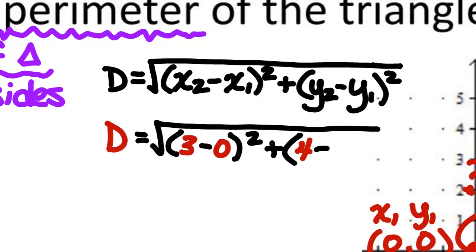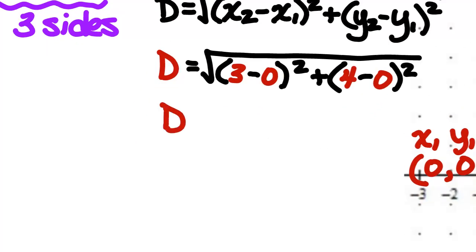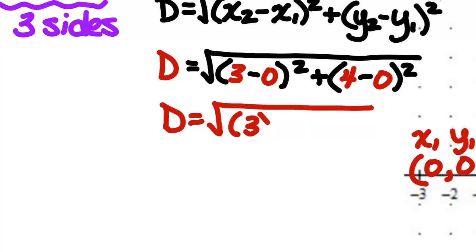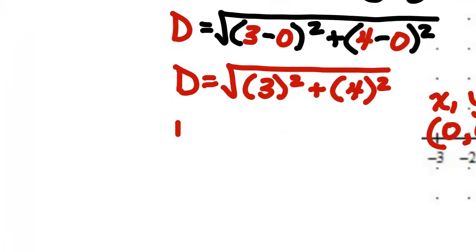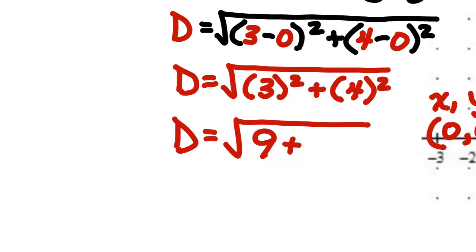Minus y1, 0 again. And square it. So distance equals, I've got the square root of, what's 3 minus 0? 3. So 3 squared plus 4 minus 0? 4. 4 squared. What's 3 squared? 9. Plus 4 squared? 16.